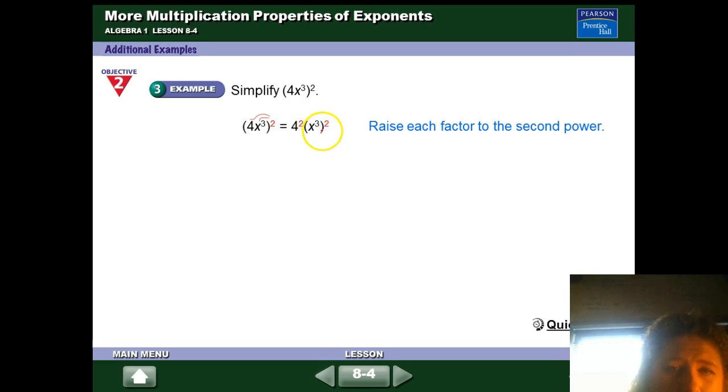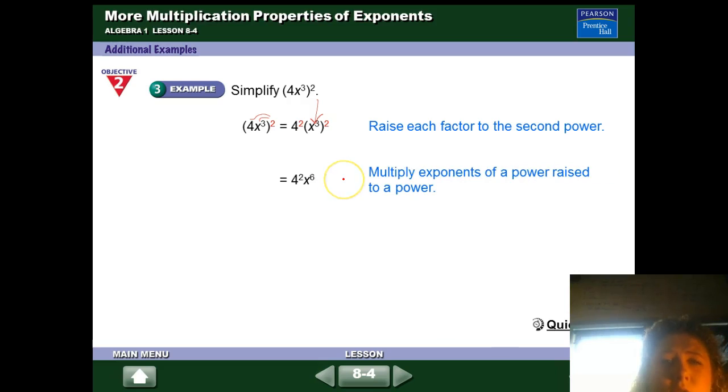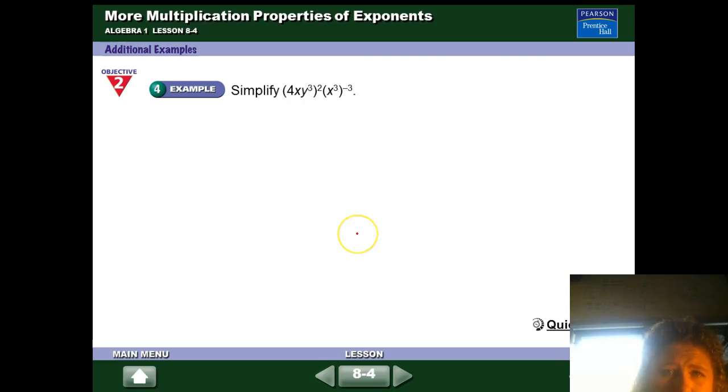Now, this is a power raised to a power, which is the first part of today's lesson. So what we're going to do is multiply those exponents. So 3 times 2, right here, power raised to a power, you multiply them, gives you 6. So we have x to the 6, 4 squared. You can simplify 4 squared. 4 squared is 4 times 4, which gives you 16, x to the 6th.